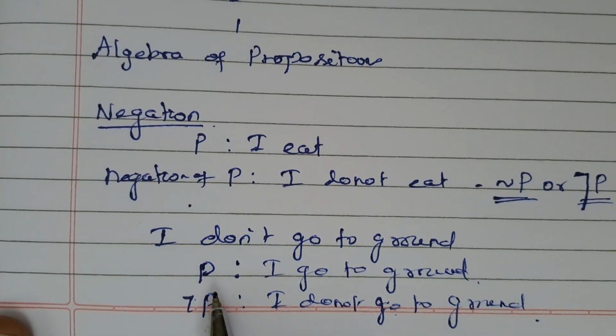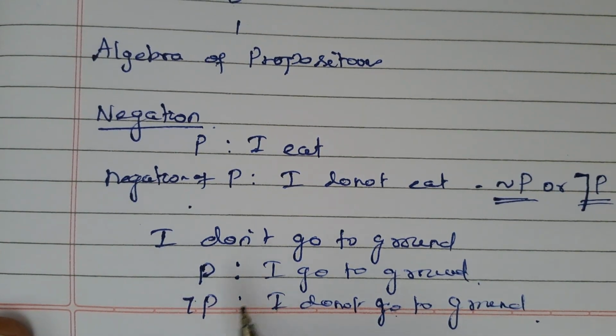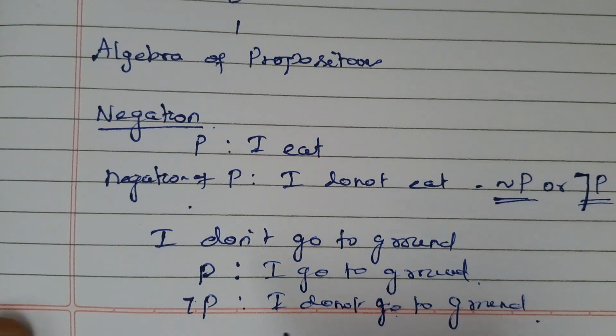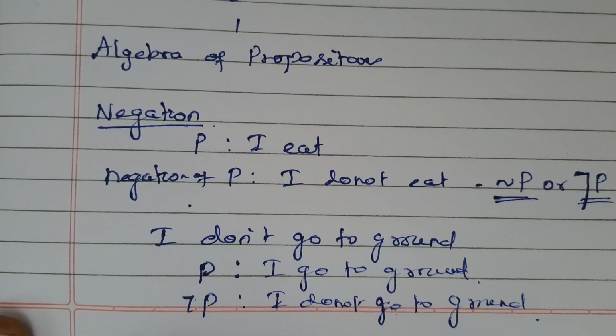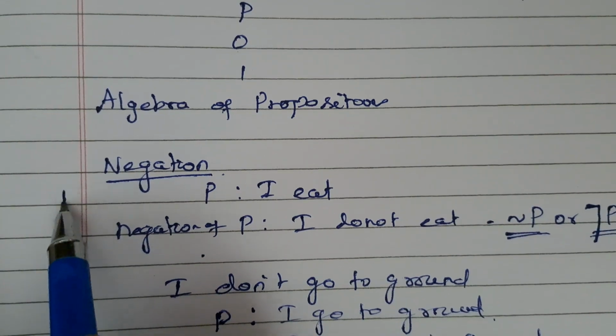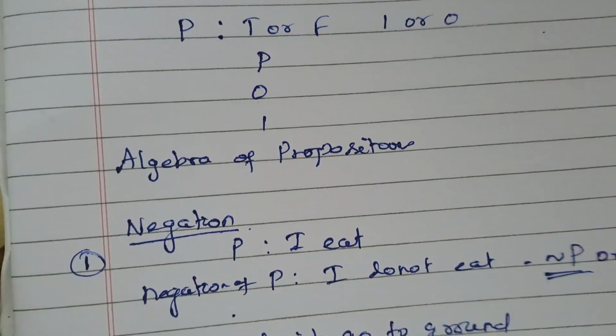In this way, you define the proposition and its negation. If you want to negate anything, you put this negation symbol with that. Negation can also be used in combination with other operations. So this is the first operation on propositions.